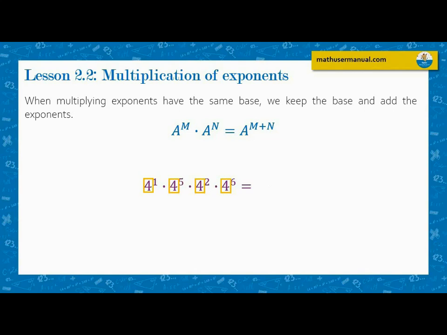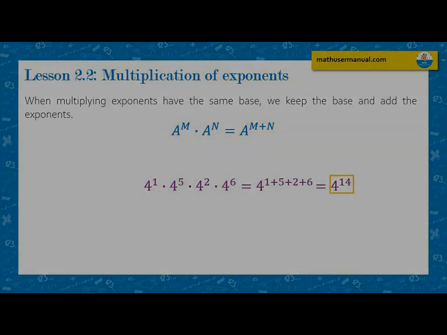We could have 1,000 multiplications. As long as the bases are equal, we just need to copy them into 1 and start adding the exponents. 1 plus 5 plus 2 plus 6. 4 to the power of 1 plus 5 plus 2 plus 6, that's 4 to the power of 14. And this is how we apply multiplication of exponents.